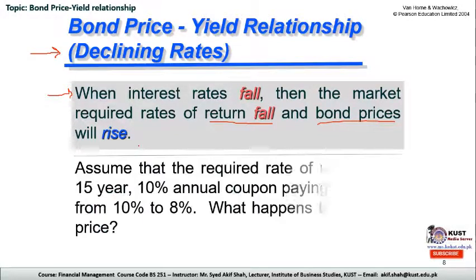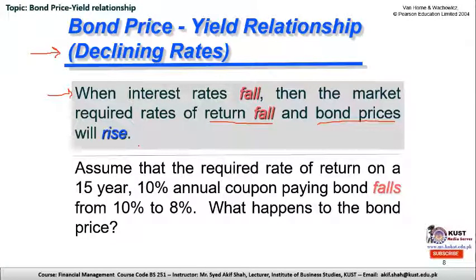This will be further endorsed with the help of a mathematical example. Here is our example. Assume that the required rate of return on the same 15-year maturity, 10% annual coupon paying bond falls from 10 to 8%. In this condition, the rest of the data is the same.